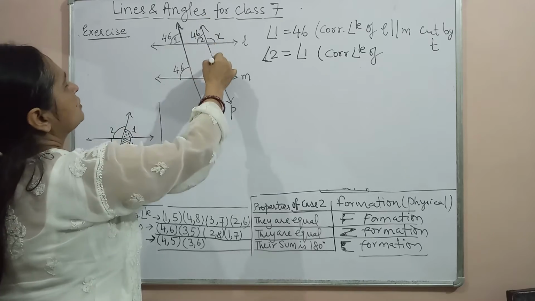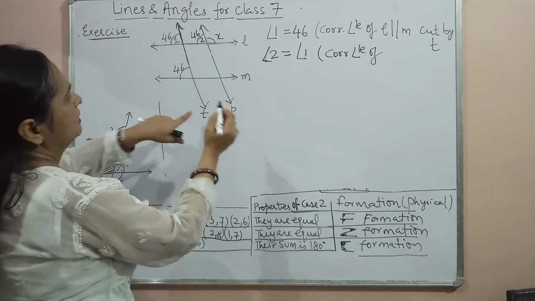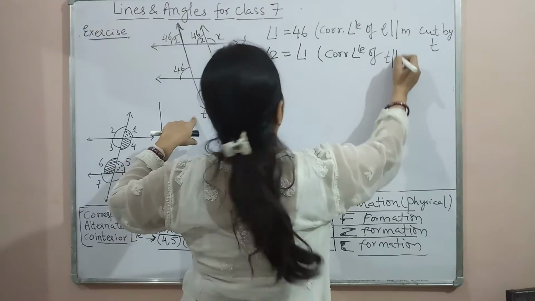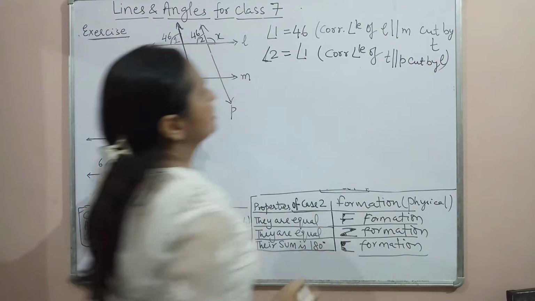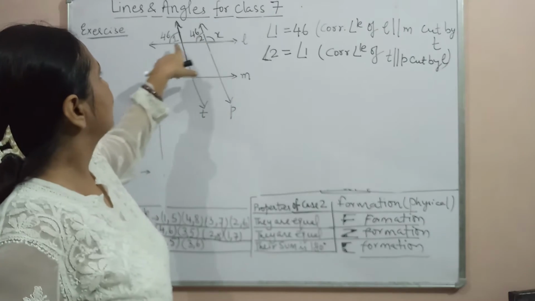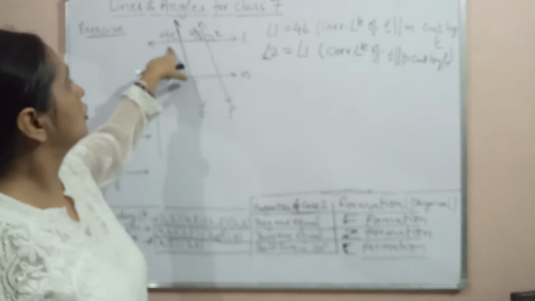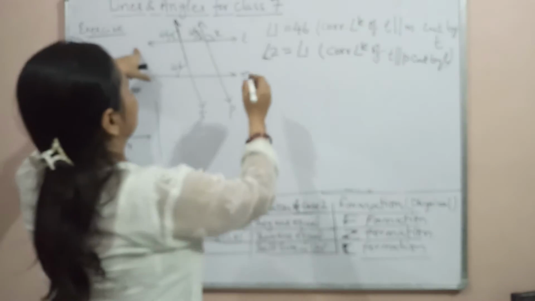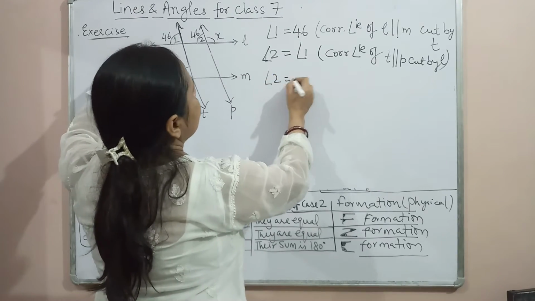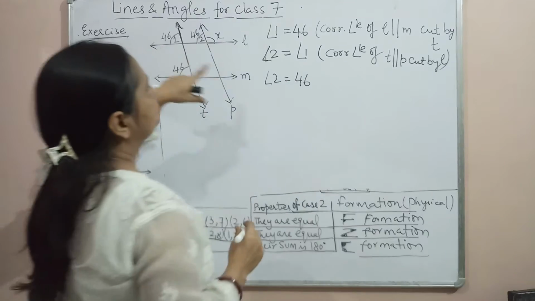These two lines cut by this transversal. So T parallel to P cut by L. So this angle is equal to this angle because they are the corresponding angles between these two lines cut by this transversal. So angle 2 also becomes 46, right?